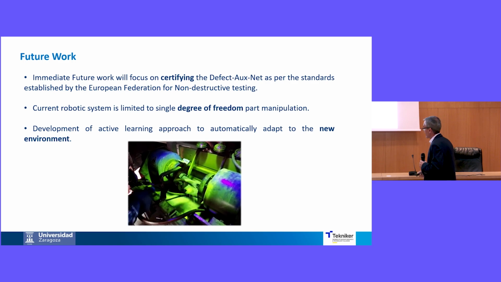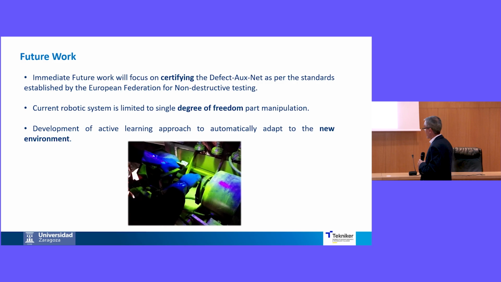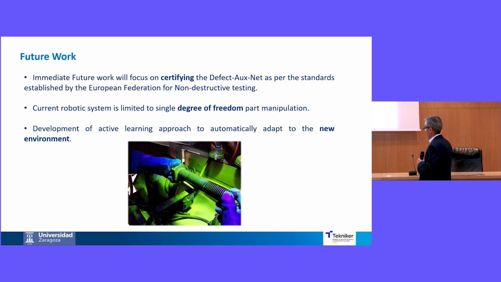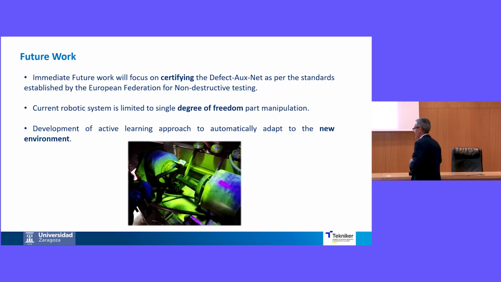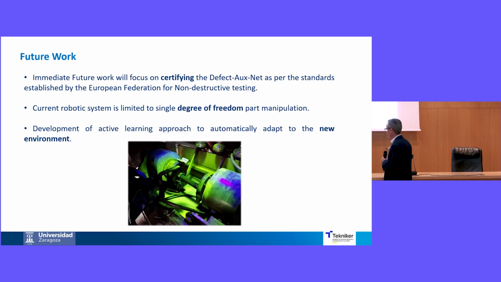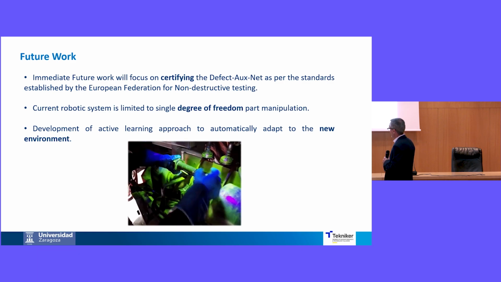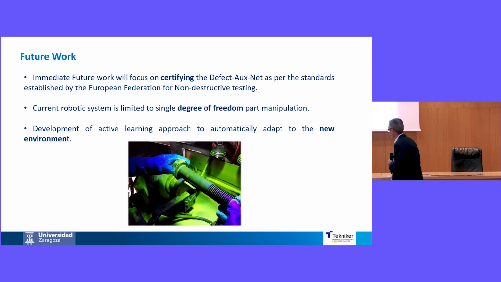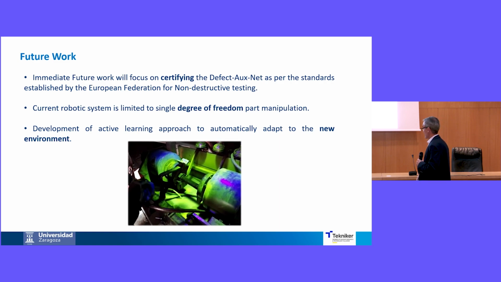In the future, it's important to try to certify this system. The current technique is certified, so it's accepted to inspect this kind of product. But in the future, we want to change that, and the next task is to certify this new procedure.